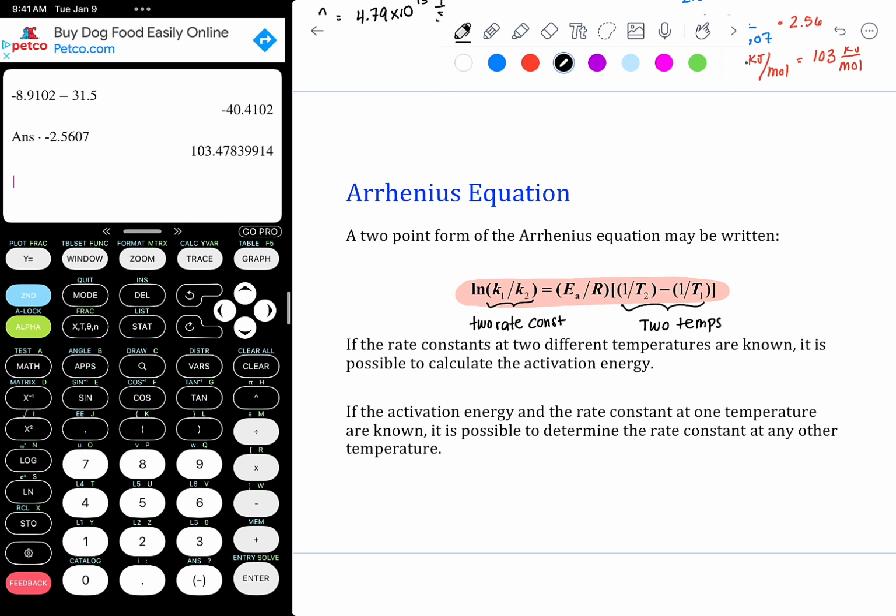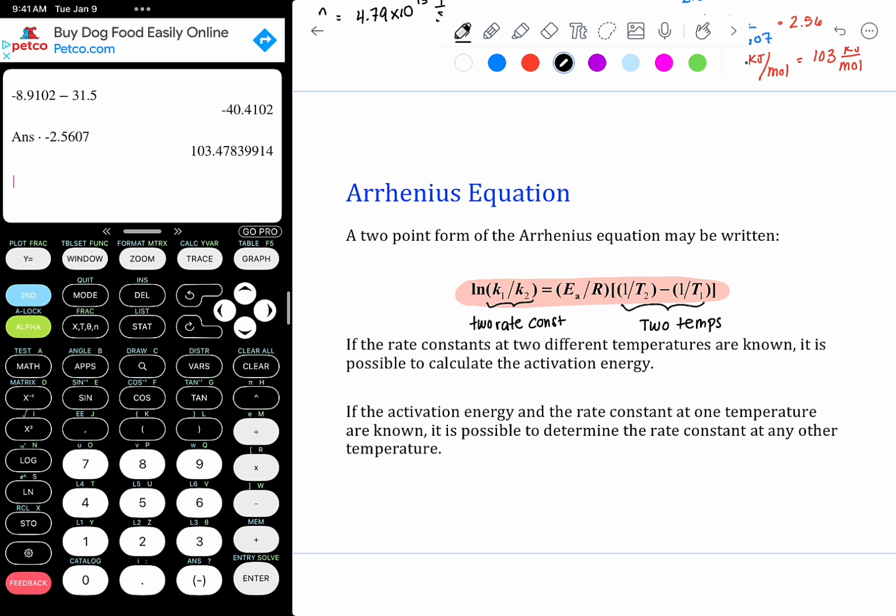Since the frequency factor isn't going to change, that's specific for the reaction itself. It doesn't depend on the temperature. That term from our previous equation is no longer there because A of one and A of the other are the same, so they cancel each other out.